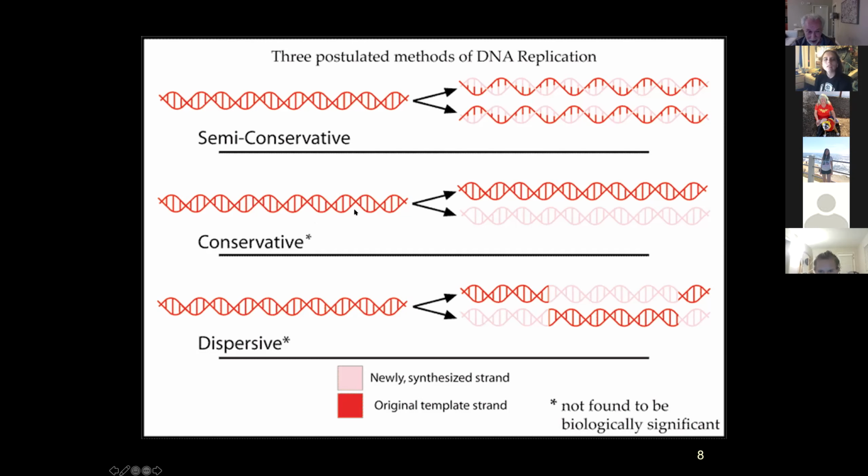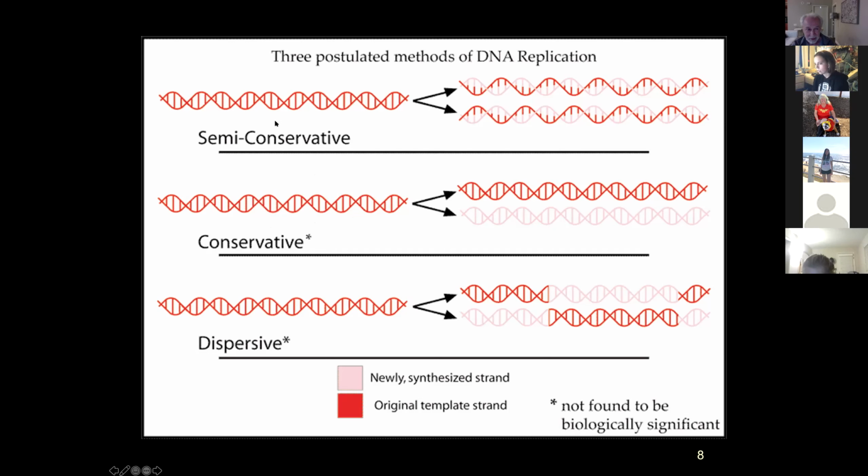Conservative would mean that you take a double helix and you replicate it, and the products of replication are the original molecule in dark red, and then the new DNA in pink. So that would be conservative, where you're always conserving the original molecule.